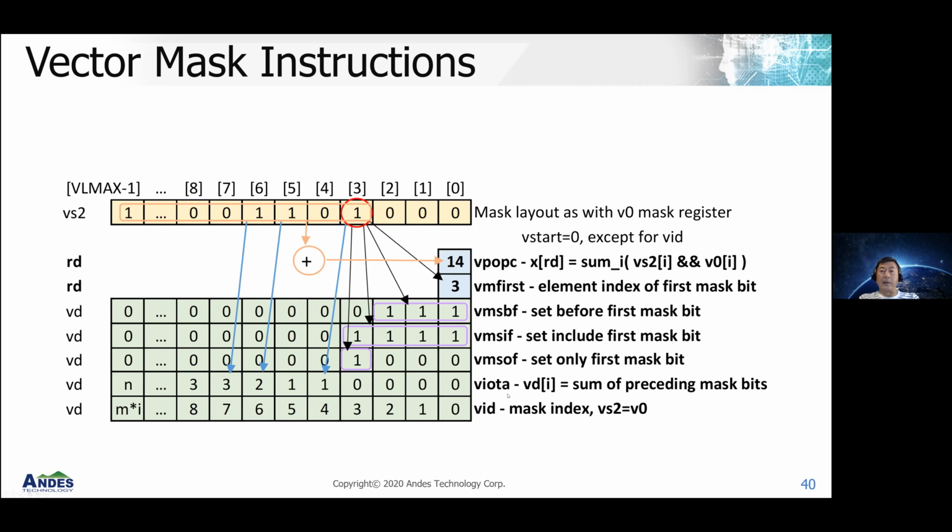Then you have the viota instruction. Basically, it's the sum of all the preceding mask bits. So the first mask bit would set the next element to be 1, the second one will set the next element to 2, and the third one will set it to 3. Then you had the index instruction to put the index of each element into the destination register.